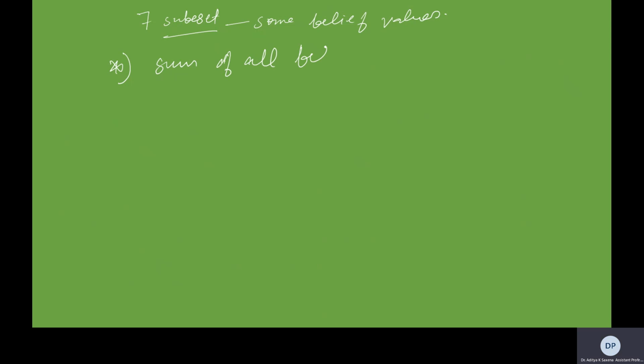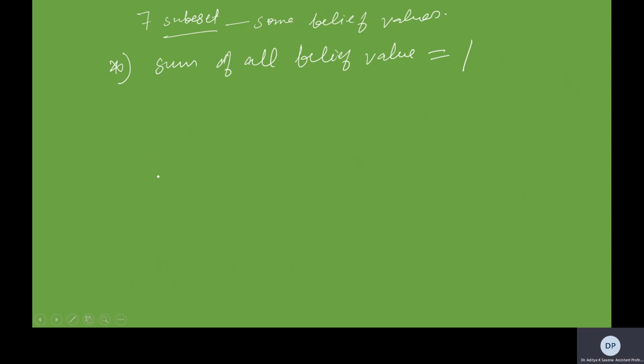Now suppose the doctor assigns some belief values to 7 out of the 16 subsets. Important point: the sum of all belief values is 1.